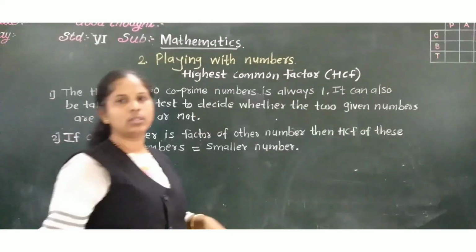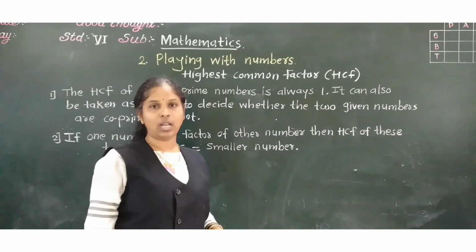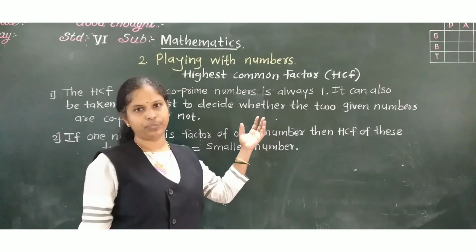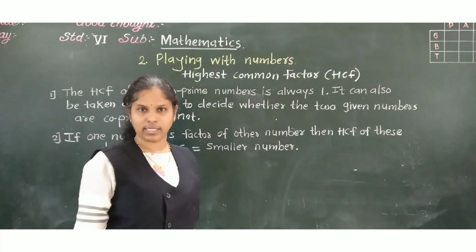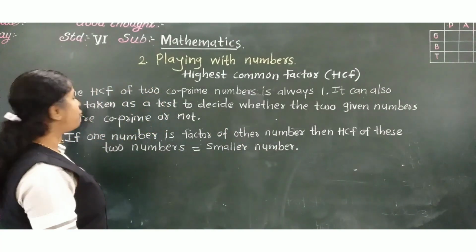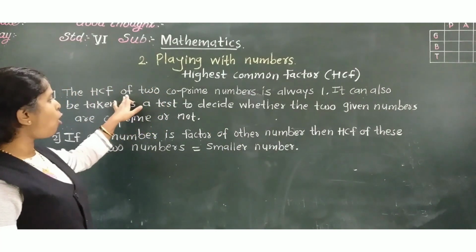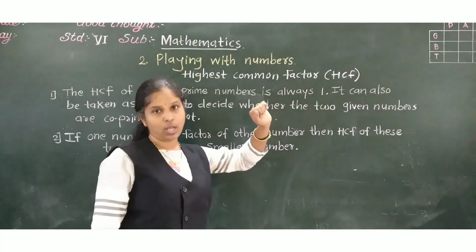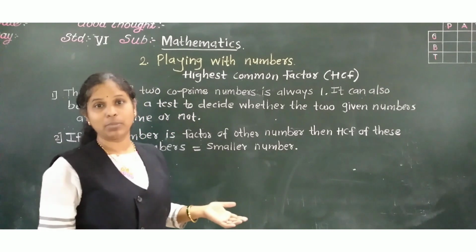Followed? Students, let us now learn some important facts about HCF. First, the HCF of two co-prime numbers is always 1. What is meant by co-prime numbers?